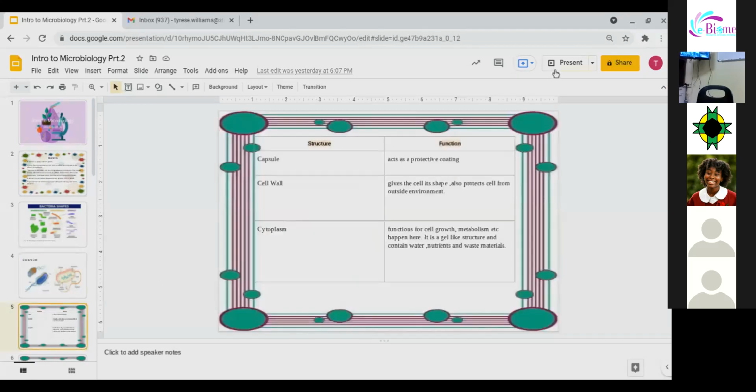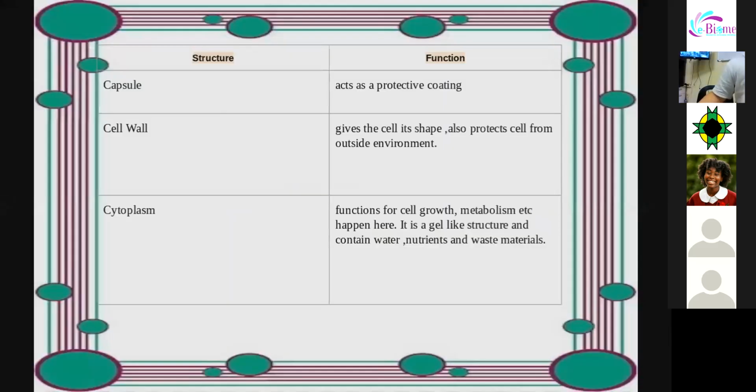So let's look at the functions of each part. We say that the capsule acts as a protective coating. When you hear the word protective, what comes to mind? No one knows what it means to protect?